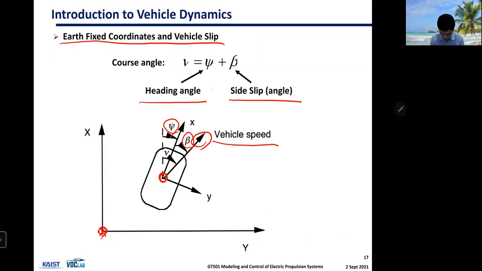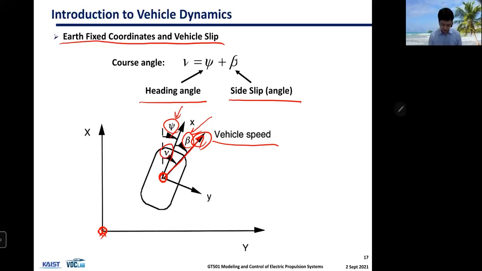Okay, so this is the yaw angle, and this is the slip angle, and if you add them together, then you have this course angle, which is nu.